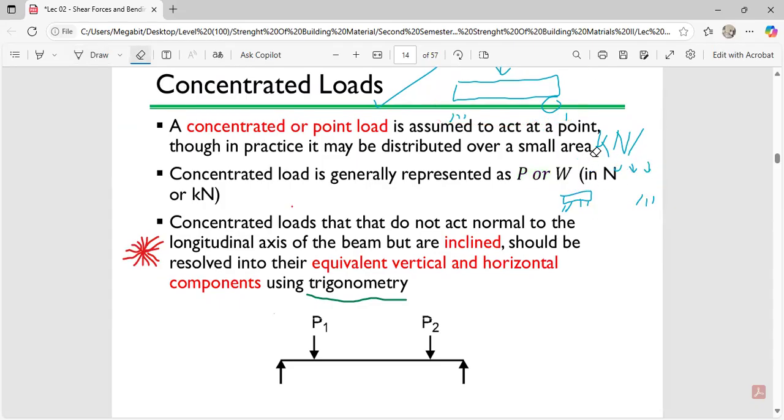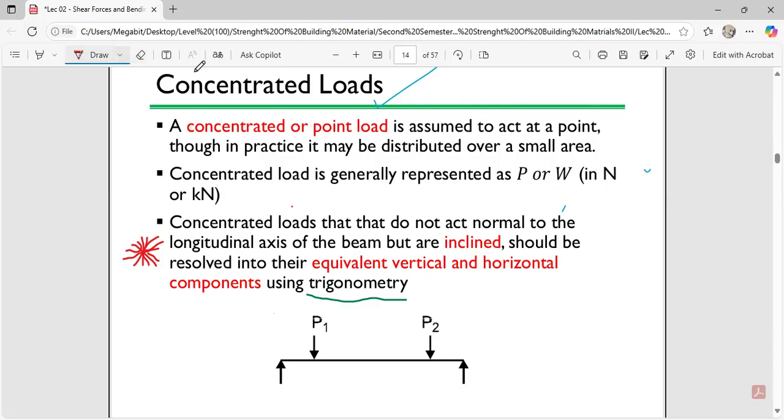Concentrated load is generally presented as P or W, in Newton or kilonewton. So when you meet them in a question, they may be represented as P. If you see P, it is a concentrated load, or even W. It is not a small w.